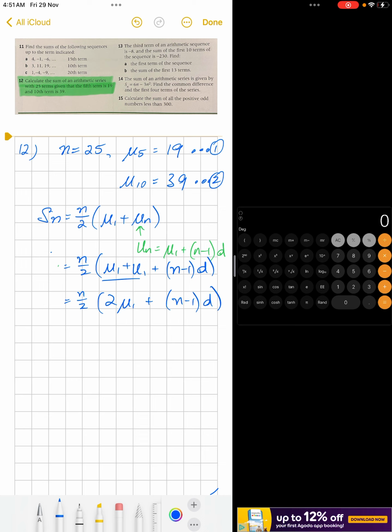So let's use that rule, but let's first find the fifth term.